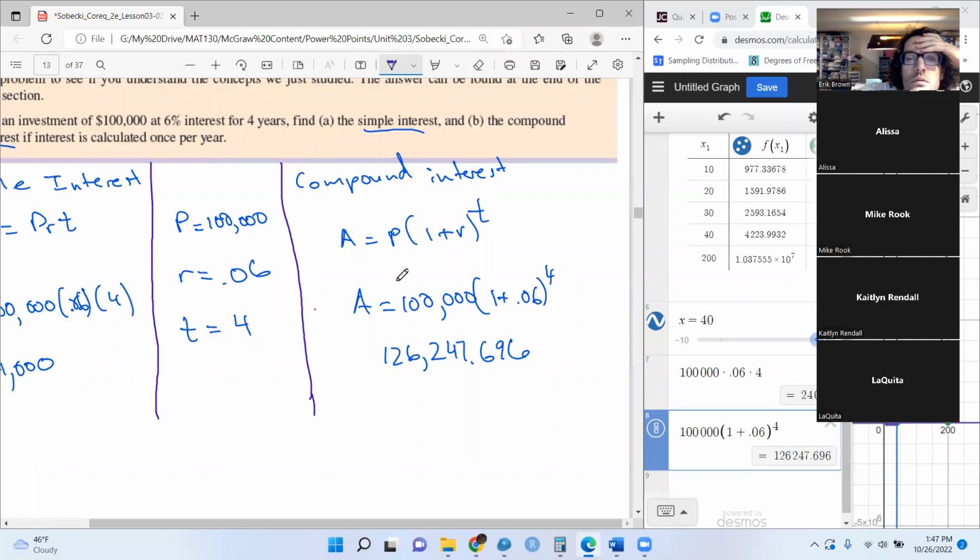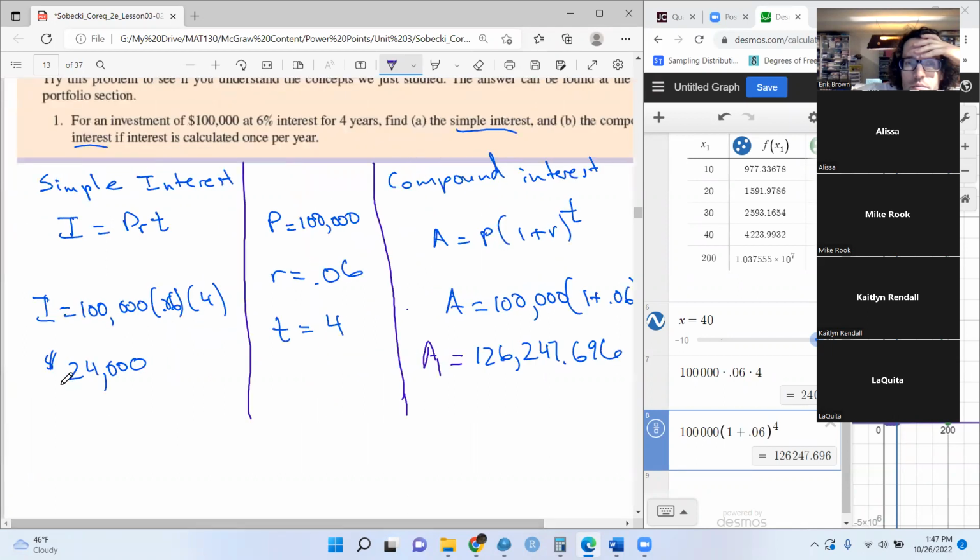So there's a problem between these two. Over here, well, why are these numbers so far apart? Let me ask you that. Why are they so different?